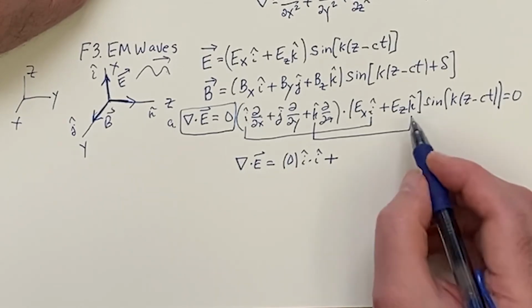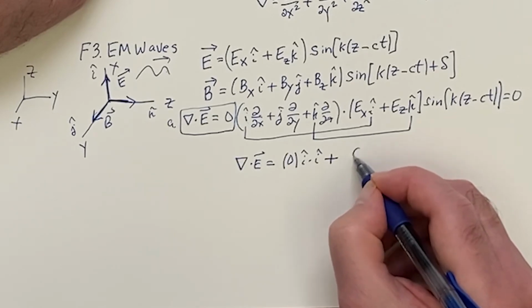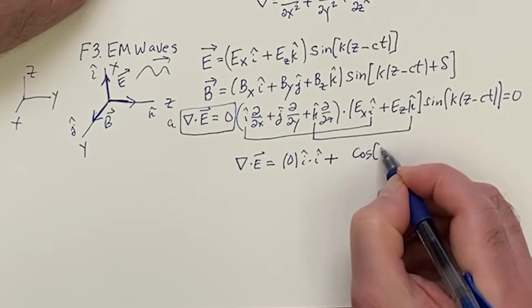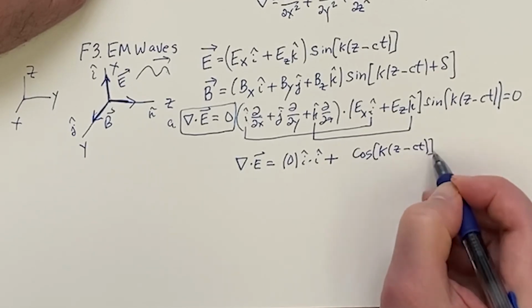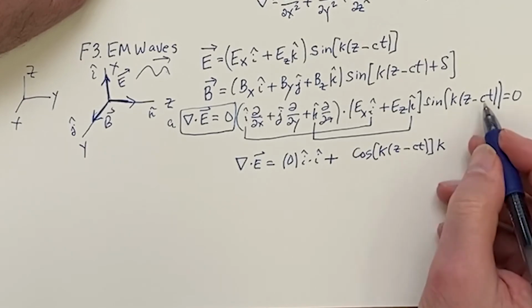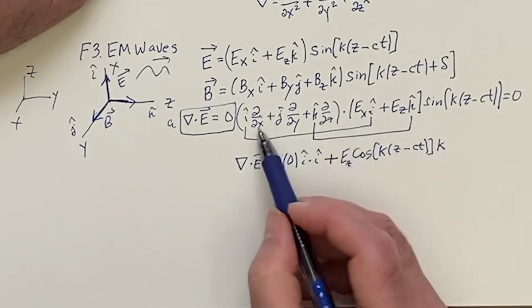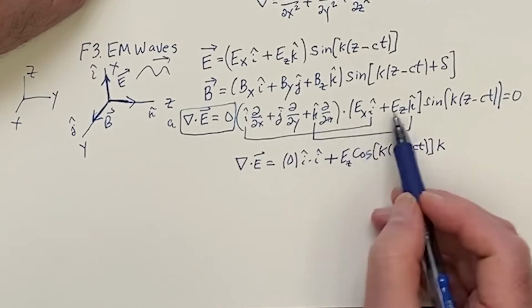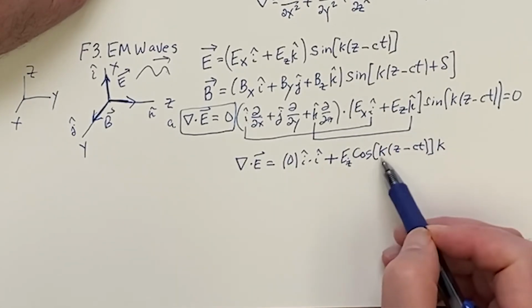Actually, what will happen here is we'll get a cosine of kz minus ct, and we'll pull out a k, and there'll be an Ez floating around. So since Ez is an amplitude, you can pull that out, and the derivative here would be the cosine.